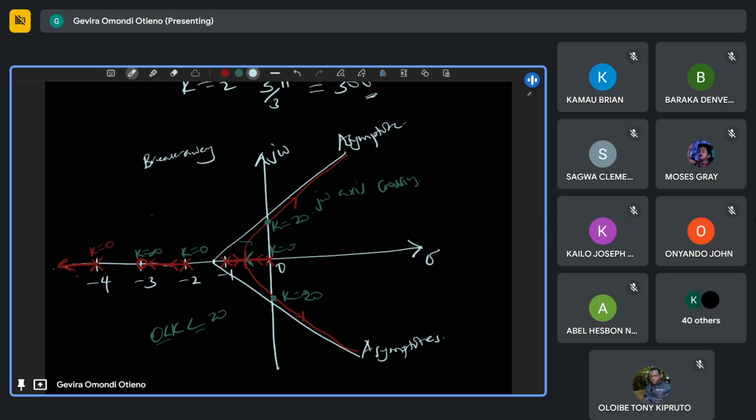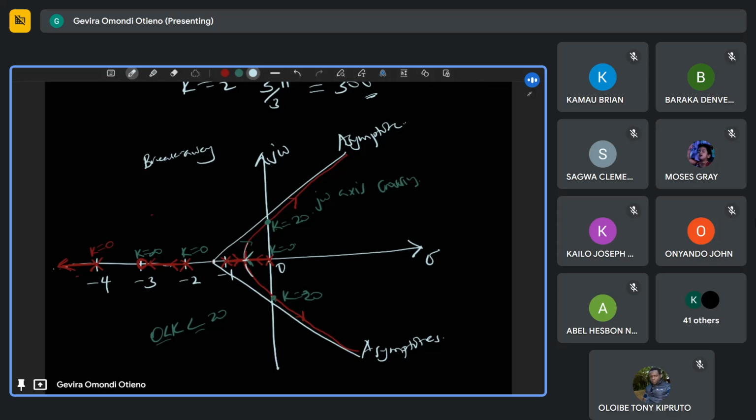We said that the breakaway point is the point at which the poles exit the real axis as they join the imaginary axis. And the break-in point is where they rejoin the real axis. So when they leave the real axis, that point is called the breakaway point. When they rejoin the real axis, that point is called the break-in point. We'll do an example of that.